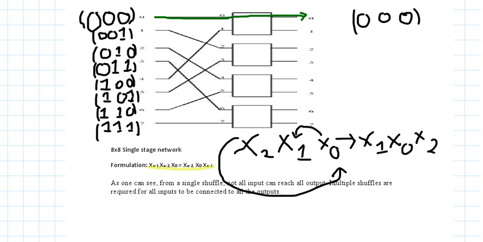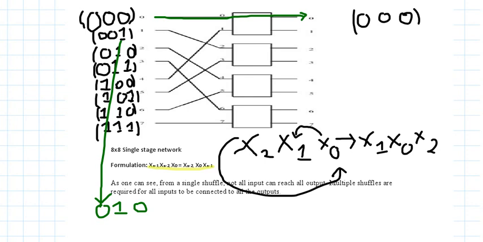If you shift every bit by one position towards left, you will get 0, 1, 0. You can see that the rightmost bit, that is 1, has been shifted one position towards left. Then this second bit, which has 0 here, is again shifted one position towards its left.